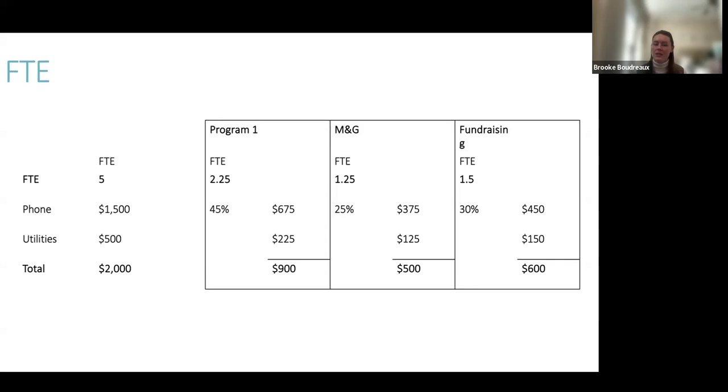And you'll see that translate over to 45%, 25%, and 30% respectively of the total phone and utilities bills. So you can see how we've allocated those costs functionally between the different cost centers, and that's how you can take that method and apply it to non-personnel expenses.